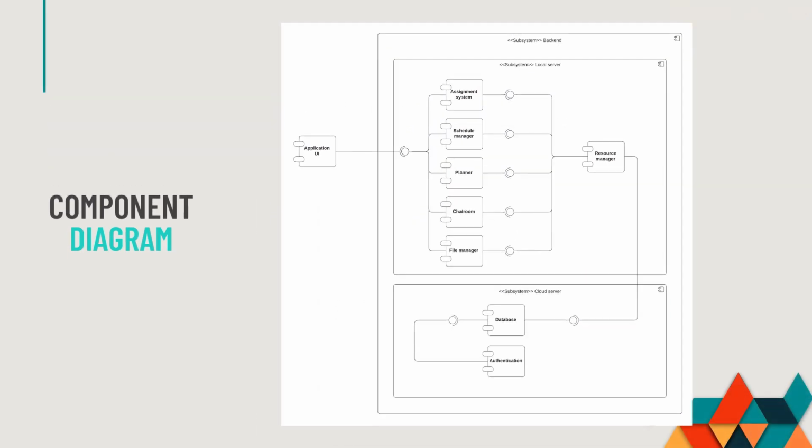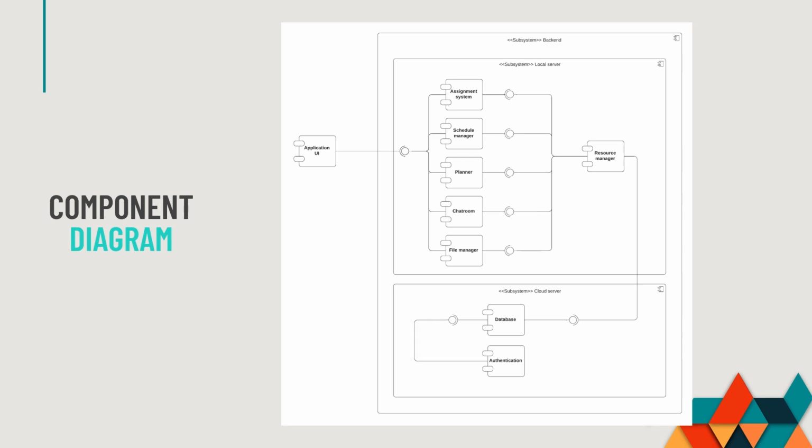For the component diagram, we designed 9 components among 3 main subsystems, which are the backend, local server, and cloud server for the application UI. The backend subsystem consists of 2 parts, which are the local server and cloud server.